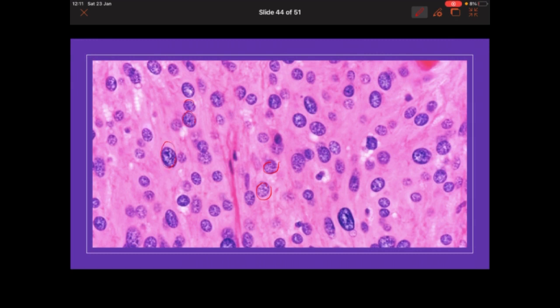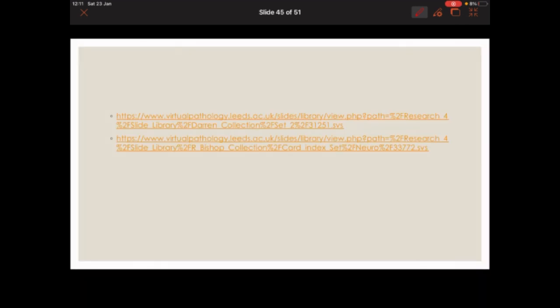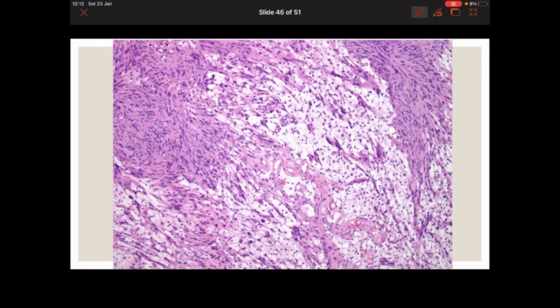Some are oval, but again they are still uniform, with no pleomorphism. The cytoplasm is syncytial, and we can't delineate the cytoplasmic borders. Later I'll share with you my virtual slide.